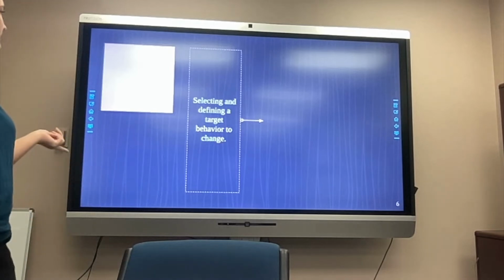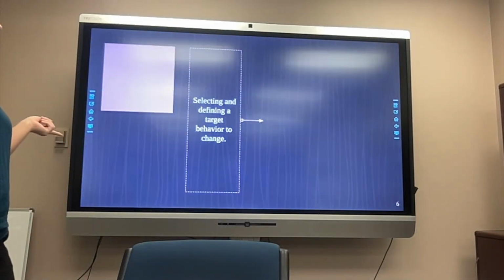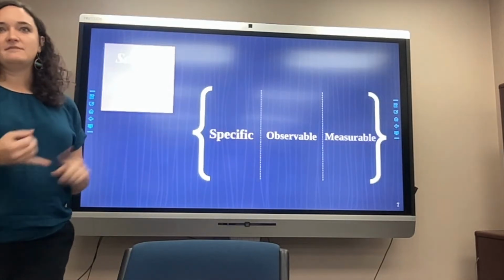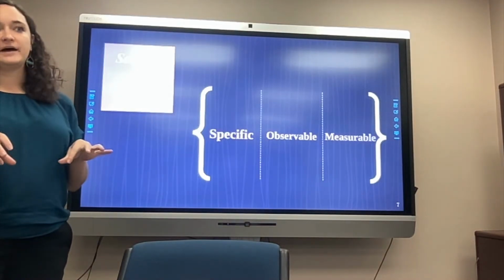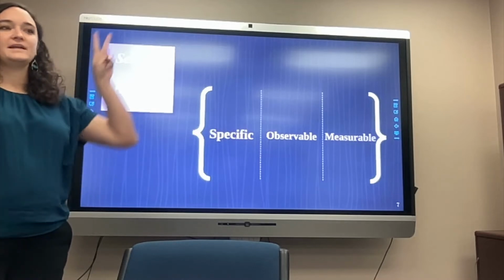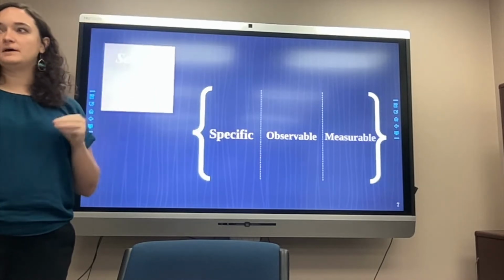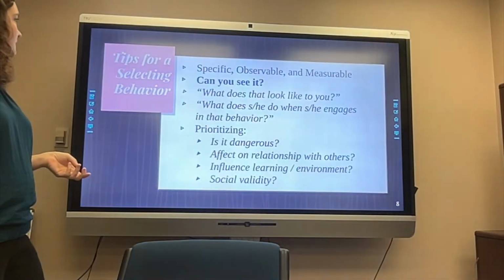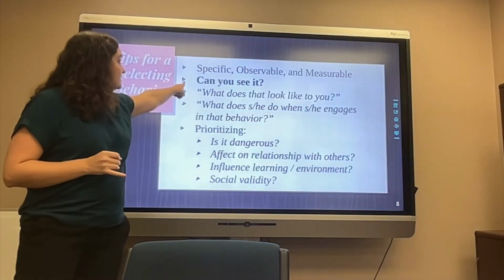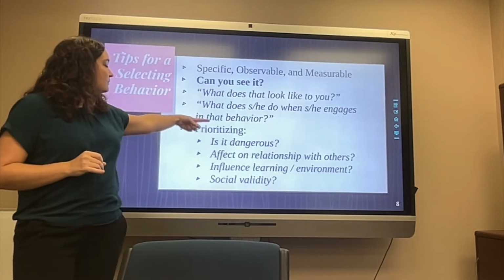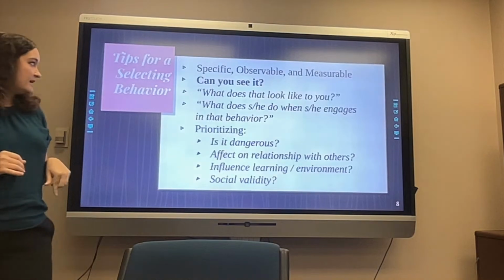So making sure that you're picking something that is specific, observable, and measurable. So a behavior that you can see, that you can define, that everyone understands exactly what you're talking about. What counts when you're talking about a certain behavior? So asking, can you see it? What does it look like? What do they do when they engage in that behavior?